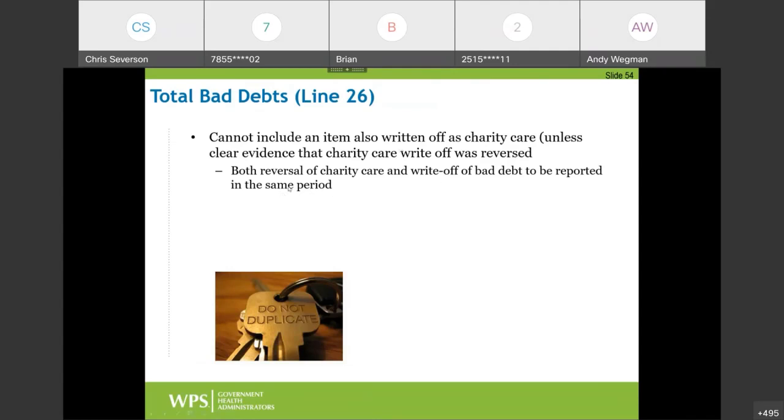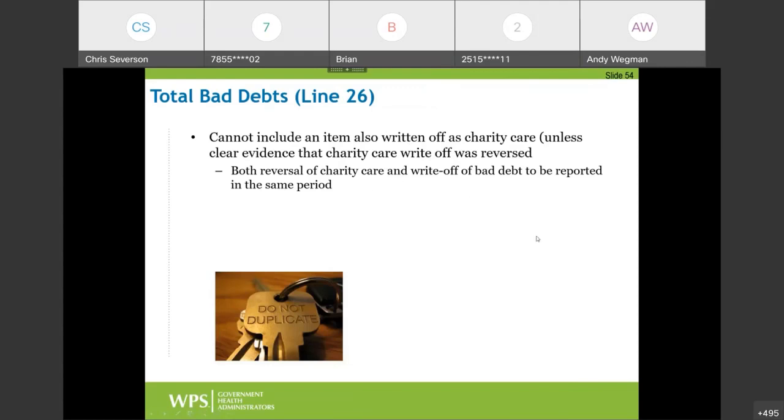If the charity care write-off was reversed, which I suppose sometimes happens, I know it happens, I've seen it, you find out they didn't meet the policy, and then it gets turned into bad debt. Or what's more likely is it started as bad debt and it gets reversed to charity care. That's fine, but we're going to handle those reversals.